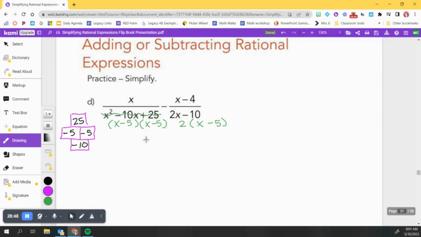So that means for the least common denominator, you are pulling one of every factor. This little 2 is a factor, okay? It was actually a greatest common factor between 2 terms. So our LCD is going to be x minus 5 and 2. And usually when I have a monomial, I throw it into the front of the parentheses.